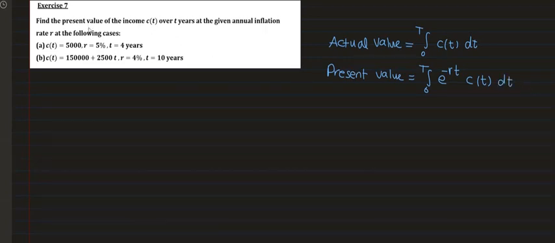Here we are asked to find the present value of the income, C of t, given. Let's do it with part A, which is 5,000 constant.